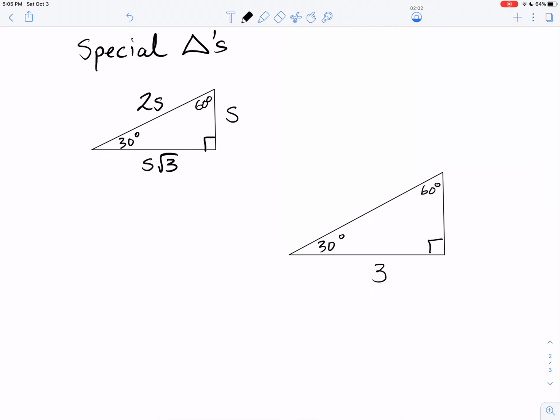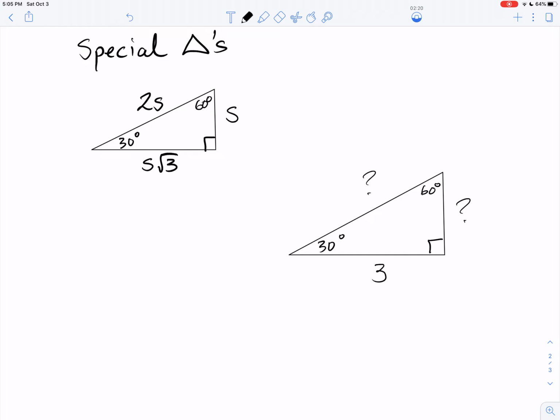And then they said, can you find the 2 other missing pieces? And you would say, oh, I don't remember how to do this. Well, which piece of info did they give me? They gave me the 3.